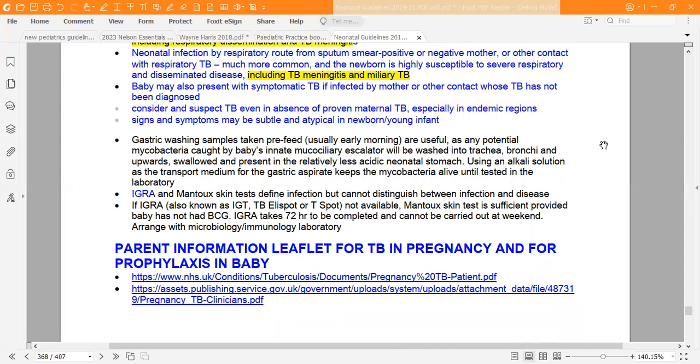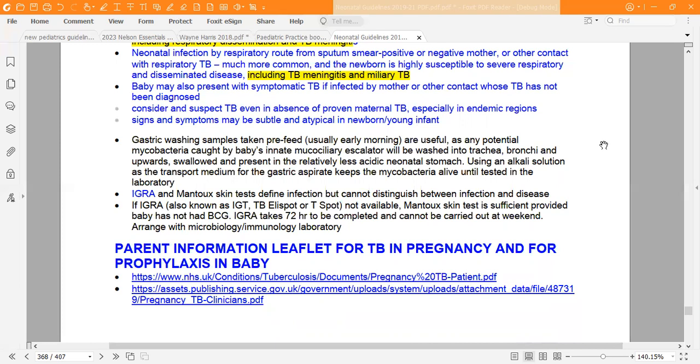Using an alkali solution as the transport medium for the gastric aspirate keeps the mycobacteria alive until tested in the lab. IGRA and Mantoux skin test define infection but cannot distinguish between infection and disease.